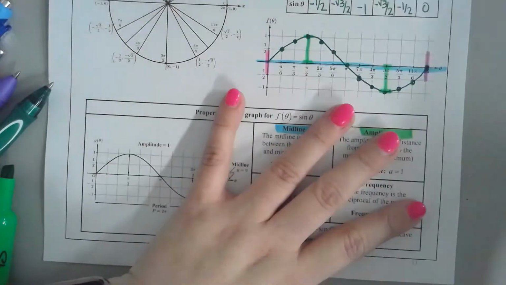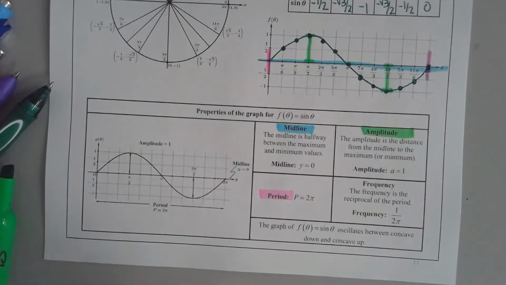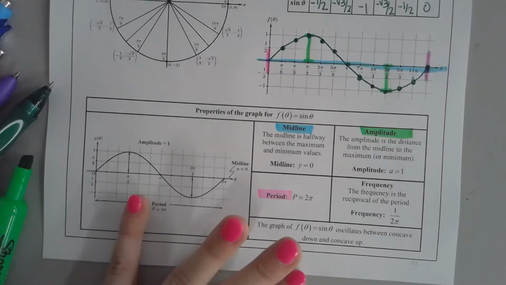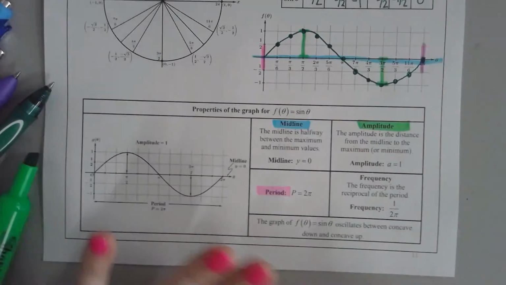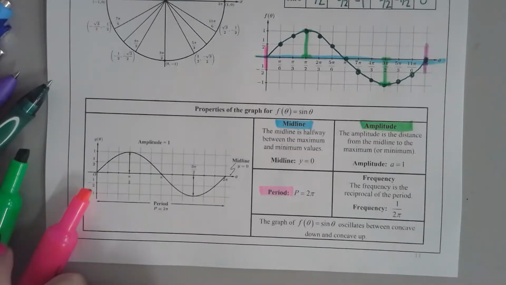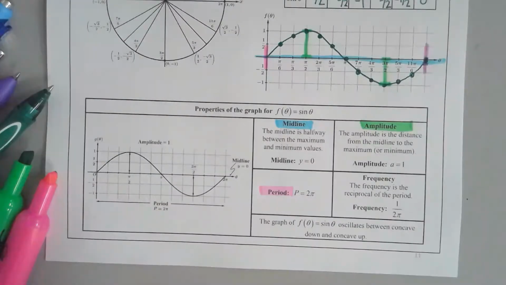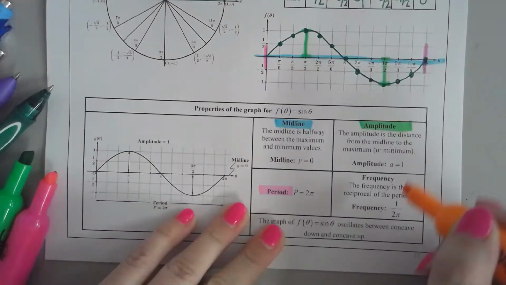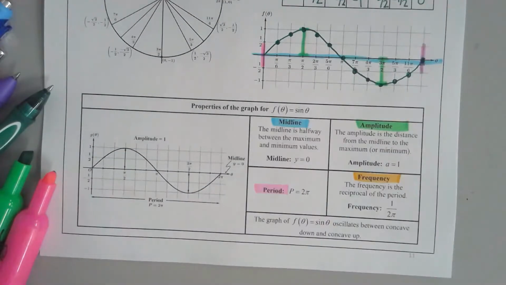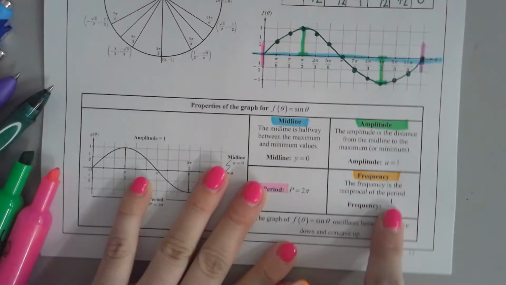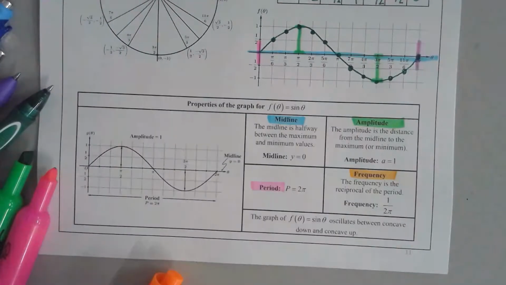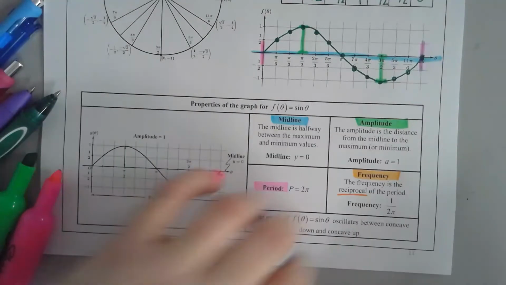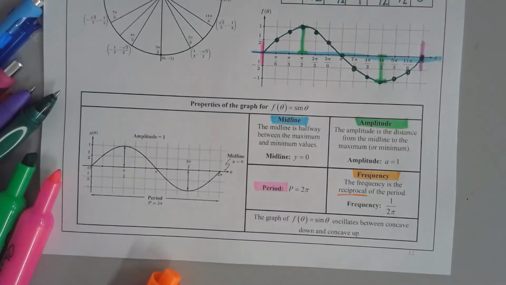In this I go to 2 pi. So my period from 0 to 2 pi. As you have fractions, the reciprocal is 2.